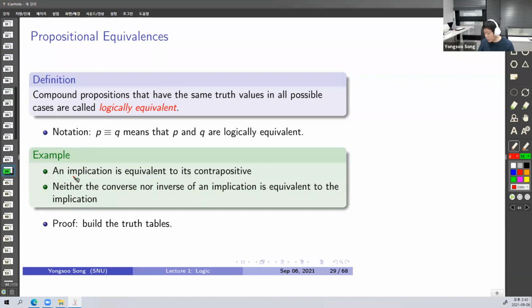For example, an implication is equivalent to its contrapositive, but the converse doesn't necessarily have to be equivalent to the original implication. You can simply check this fact by building a truth table.